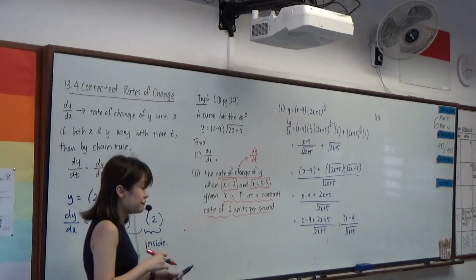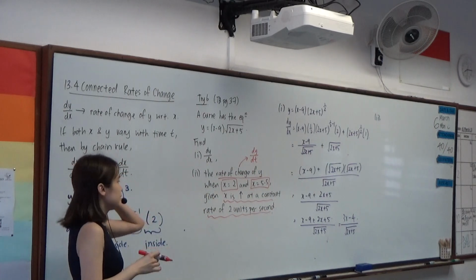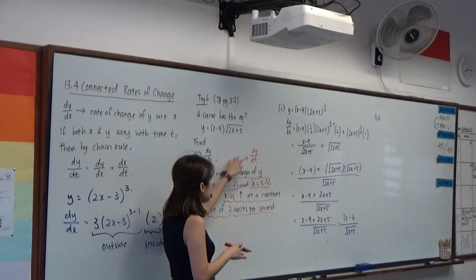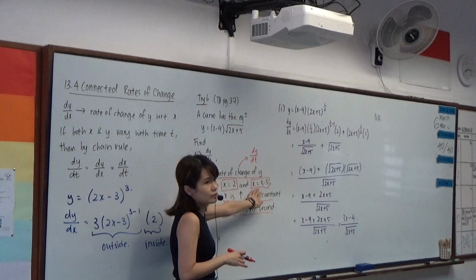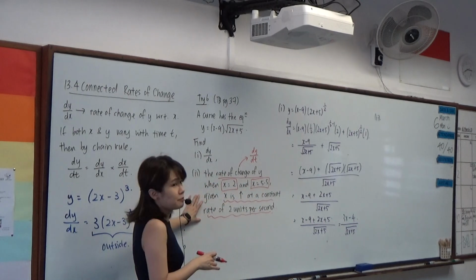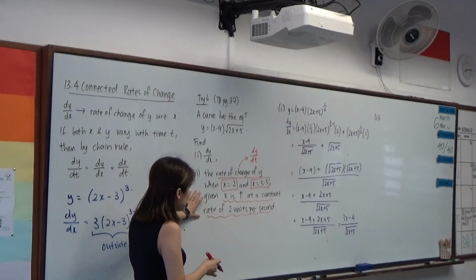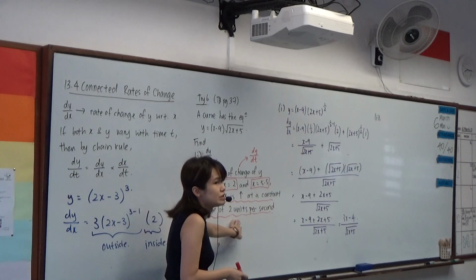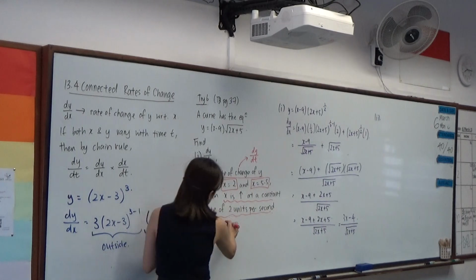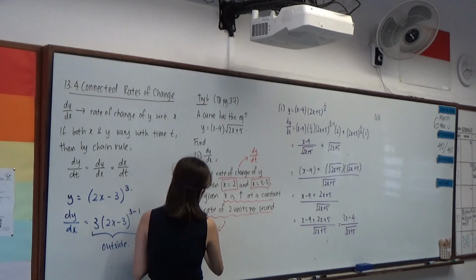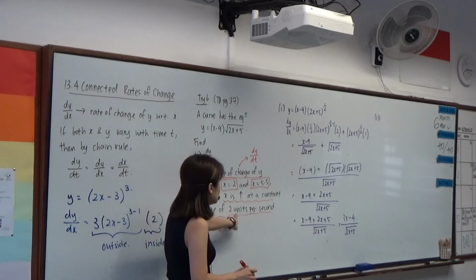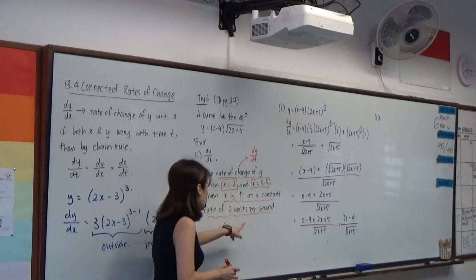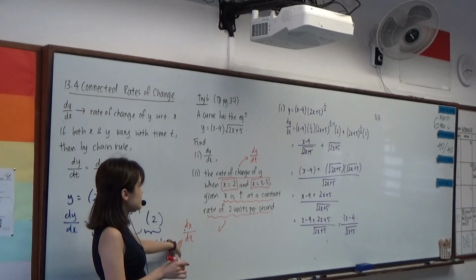Now let's break down the information that we are given. So we know what we need to find. We need to find dy over dt, given that x is equal to 2 and x equals 5.5. The only thing that we probably have trouble understanding is this last part over here. It says that x is increasing at a constant rate of 2 units per second. What this translates to is dx over dt, because it is 2 units per second, so x units according to time, that will be dx over dt.